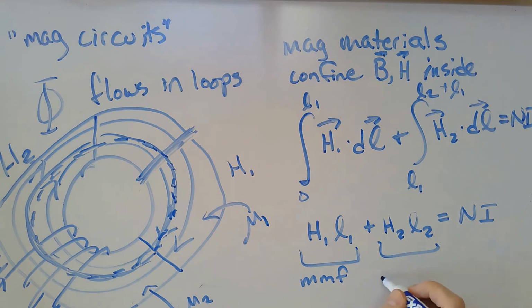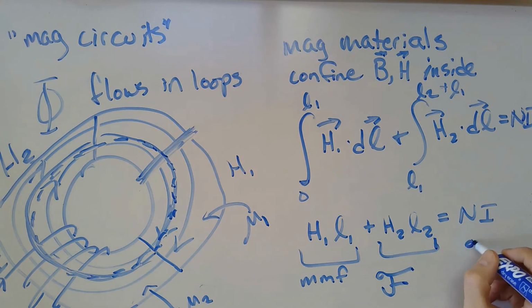It's a little bit hard to write, but we're going to write it like this. Good enough. And these magnetomotive forces have to add up to the total magnetomotive force, which is this one. If this is looking to you a little bit like Kirchhoff's voltage law, you are right. This is why we call them magnetic circuits.